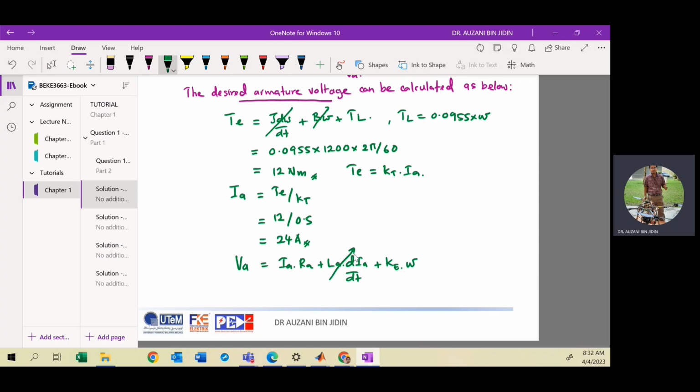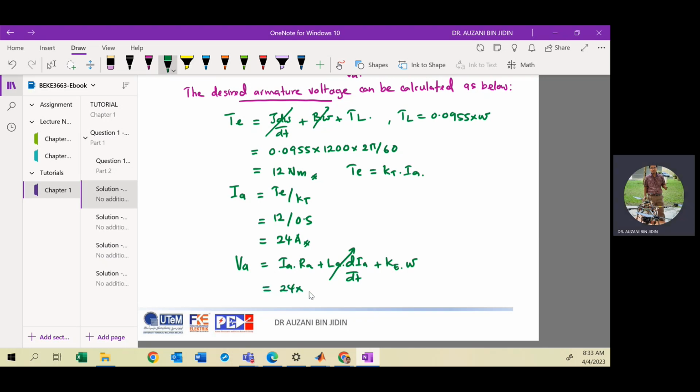The second term you can neglect, because our analysis focuses on steady state, where the current is constant, because we need the speed to be constant also. Then you can reduce the equation and calculate the value of VA.